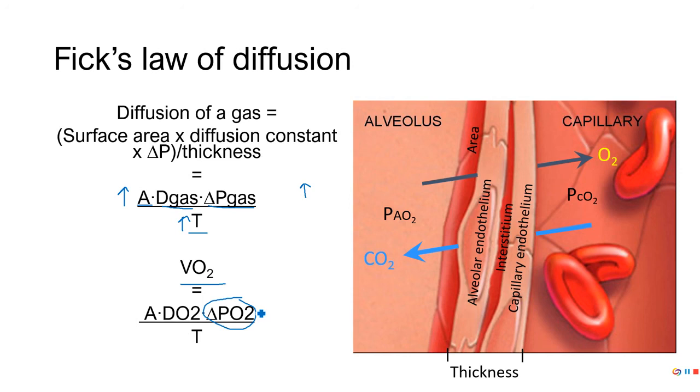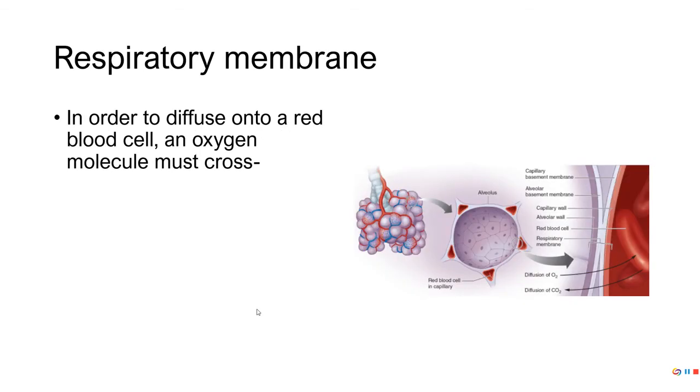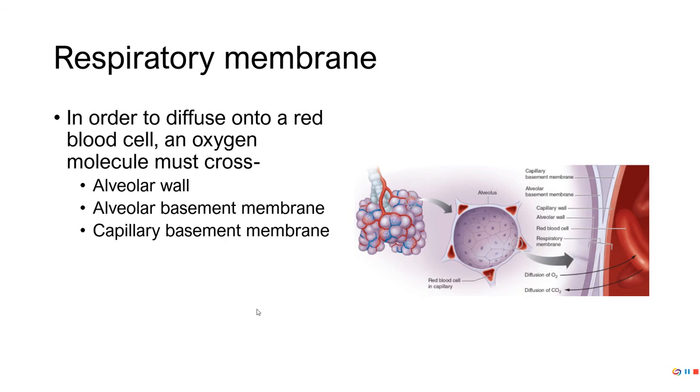All right, now, as you can see from this picture here, in order for oxygen to diffuse onto a blood cell, so from the alveoli into a blood cell, it's got to go through several different areas. It's got to cross the alveolar wall, then the alveolar membrane, then the capillary membrane, then the capillary wall, then the red blood cell membrane, and that takes a lot of time.